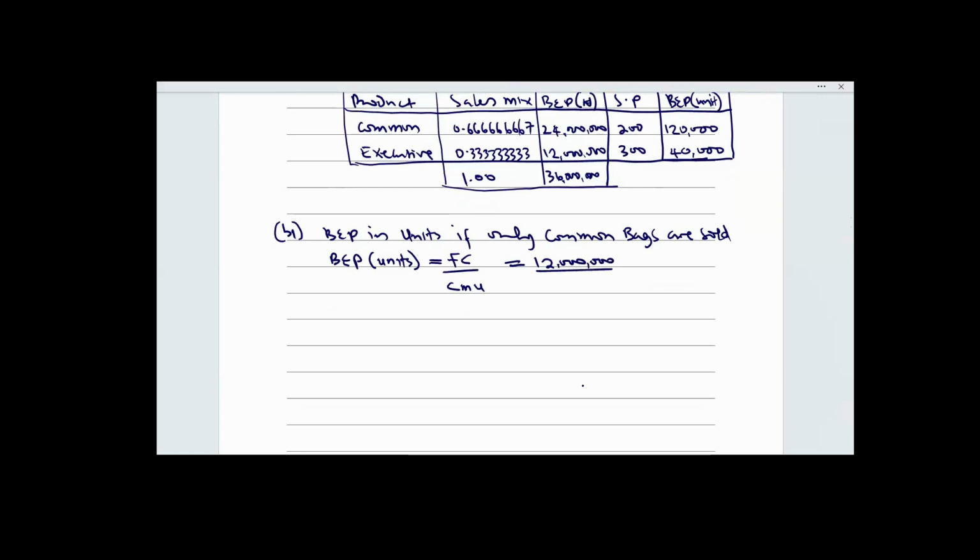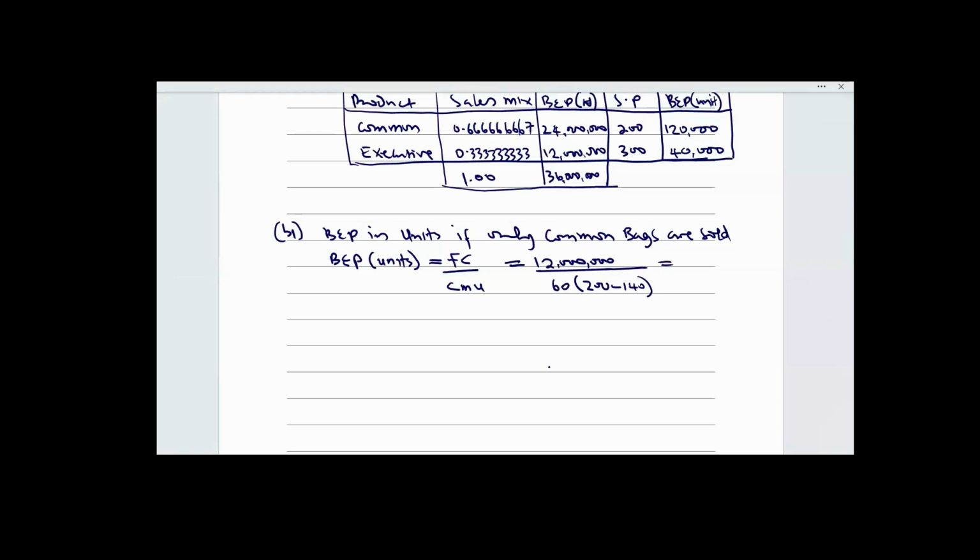So what's the contribution per unit of common? The selling price of common is 200 naira. Variable cost of common is 140 naira. Therefore, 200 naira minus 140 will be 60 naira. Contribution per unit of common is 60 naira.